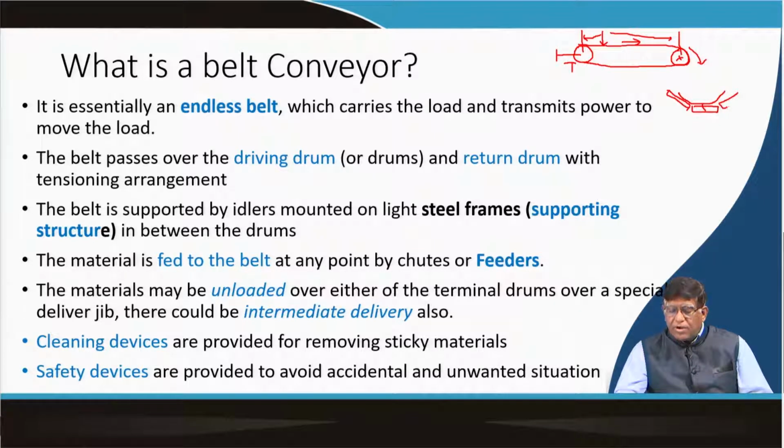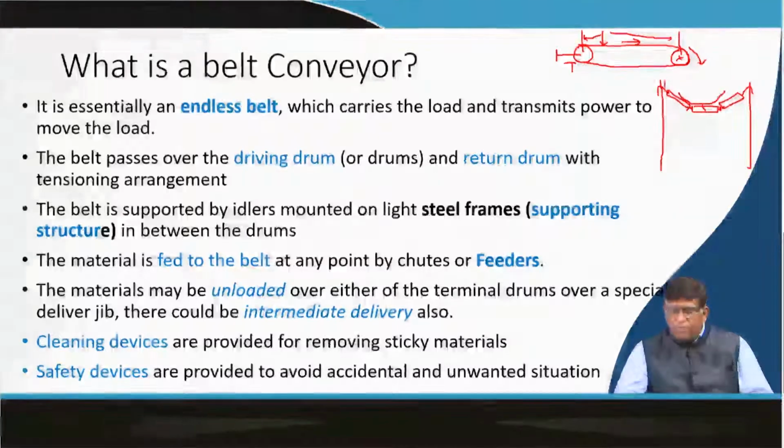We are making a troughing arrangement, and in between these we can have a universal coupling by which they form a garland type of arrangement, and then we can hang these from supporting structures. We can have a steel frame. This steel frame will be of some rod, which will be supporting.